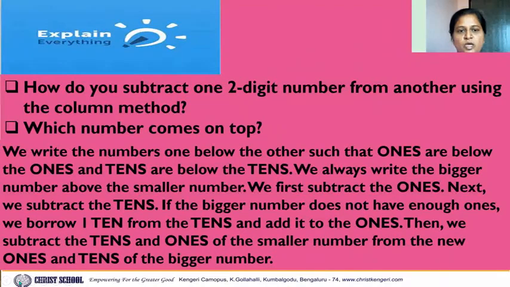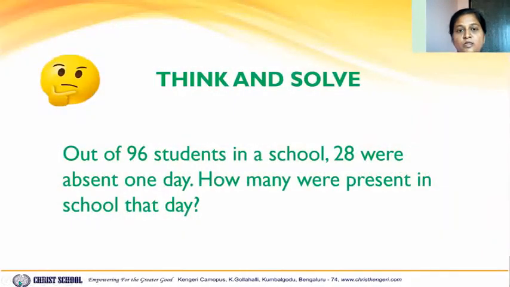In this way, we will subtract the numbers using the column method. Think and solve. There is one sum for you. Out of 96 students in a school, 28 were absent one day. How many were present in school that day? Let us see.